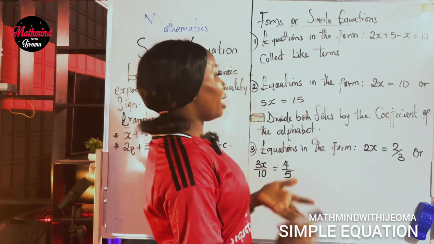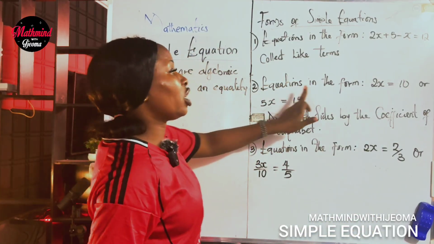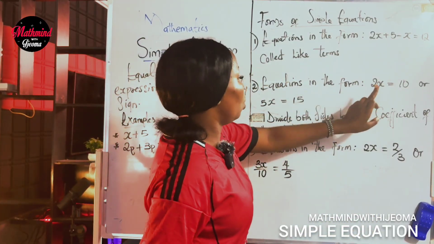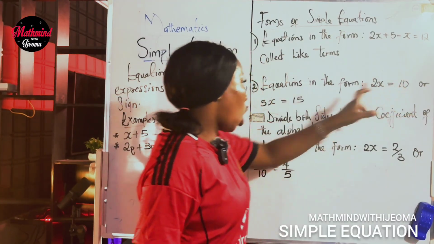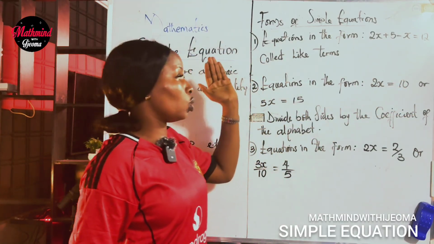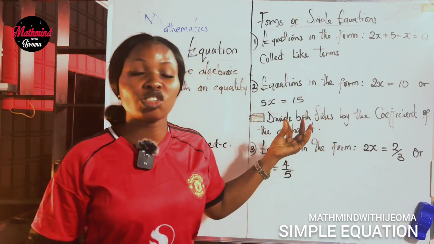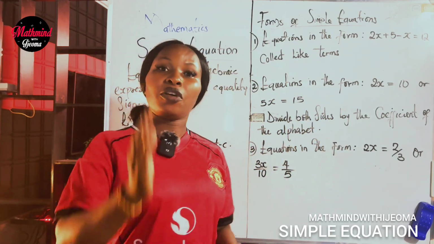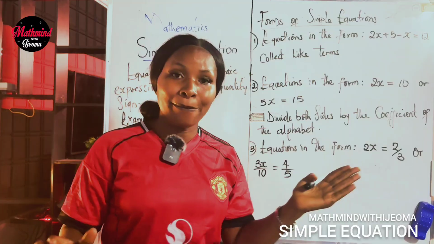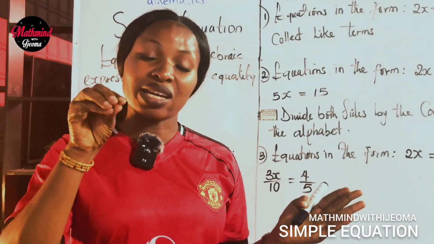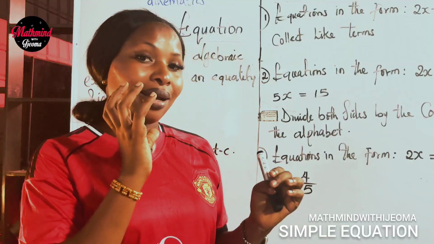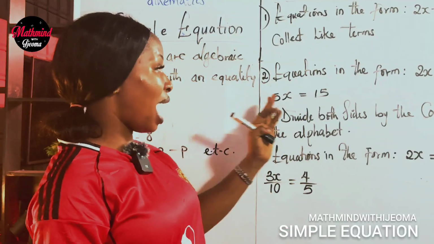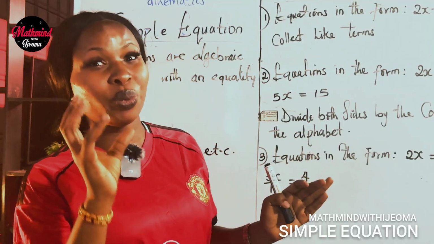Okay? Then coming to the second one, equations in this form. If it's in this form, 2x equal to 10 or 5x equal to 15, in such a case that you have just a term and another term with an equality sign in between the two terms, especially when you have the second term to be a constant.